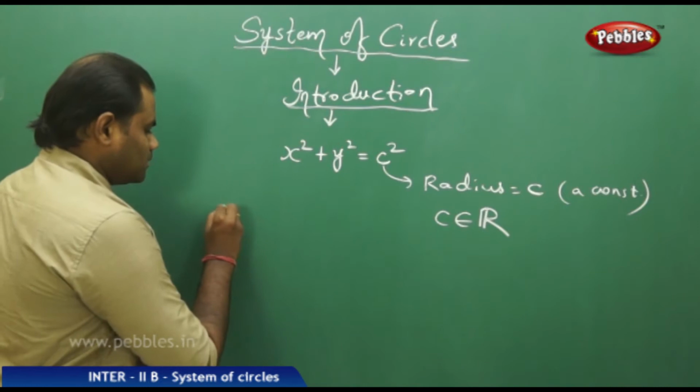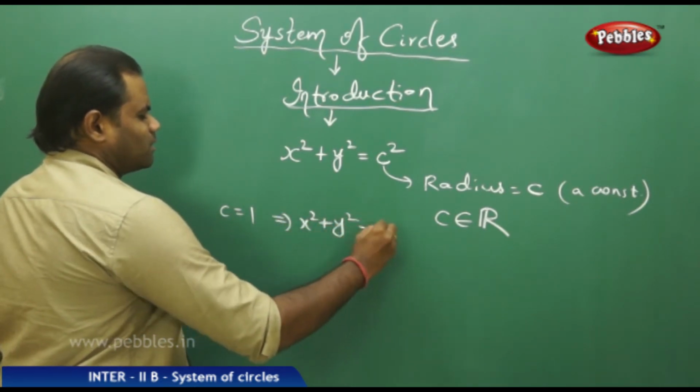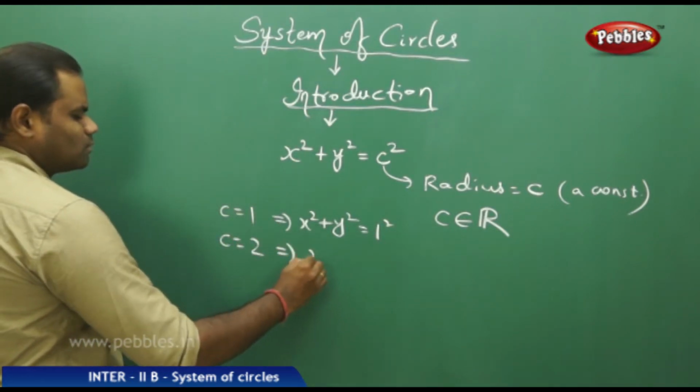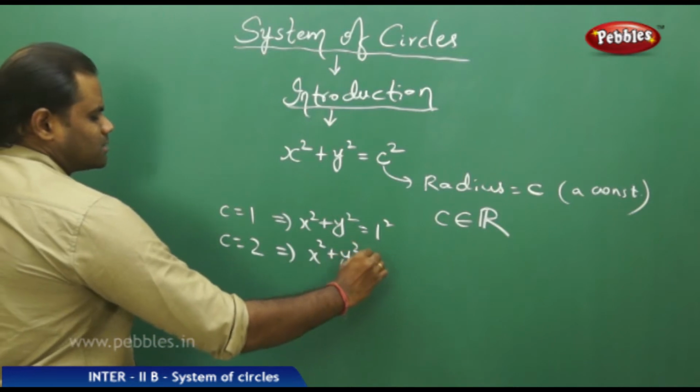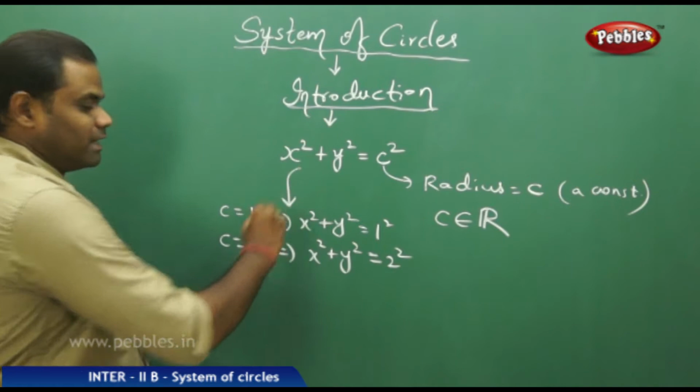Say for example, c equals 1 implies x squared plus y squared equals 1 squared, and c equals 2 implies x squared plus y squared equals 2 squared.